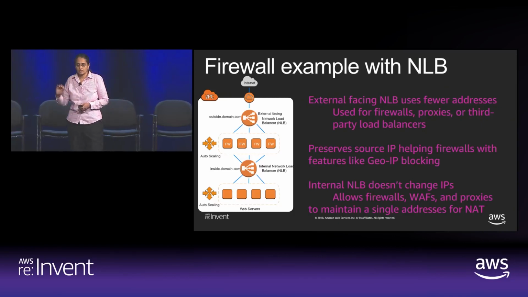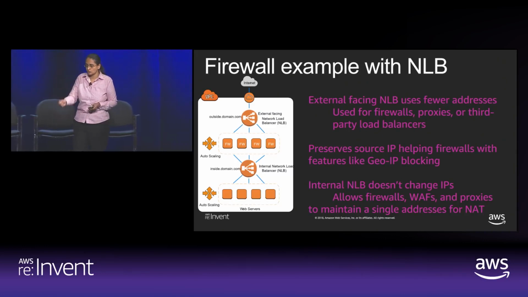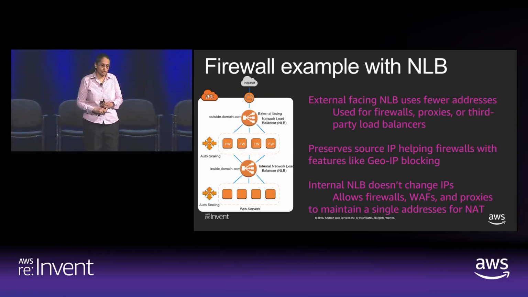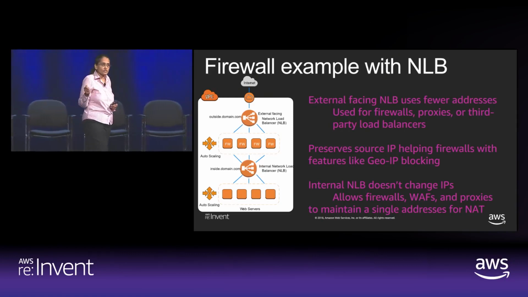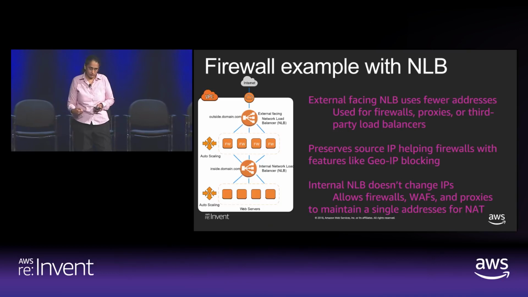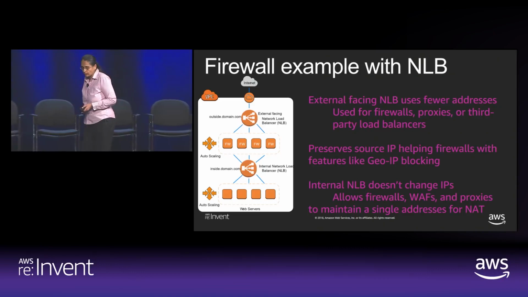You can whitelist a single IP, and you can horizontally scale the firewall fleet because what is exposed is only a single IP. On top of it, since we are preserving the source IP, if the proxy layer is NATing, whether it's a firewall or a WAF layer, you have the IP that you want to NAT with. Similar thing with the internal load balancer. We preserve the source IP. So again, you're dealing with a single IP, and that's the only IP that you want to whitelist.